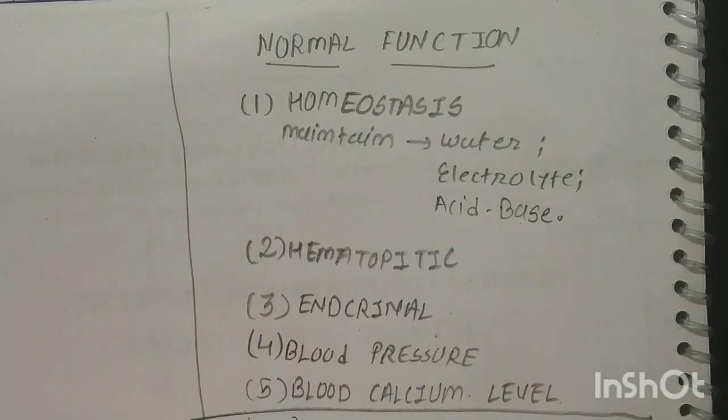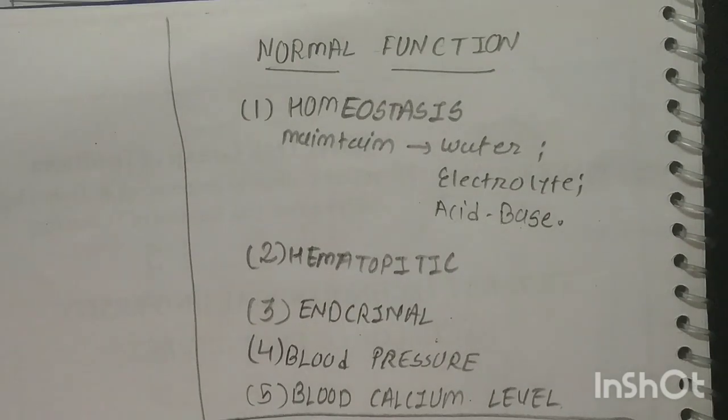Then the third one is the endocrinal function. The kidney secretes some very important endocrinal substances. It secretes renin, a very important substance for the regulation of blood pressure and other important functions in our body.